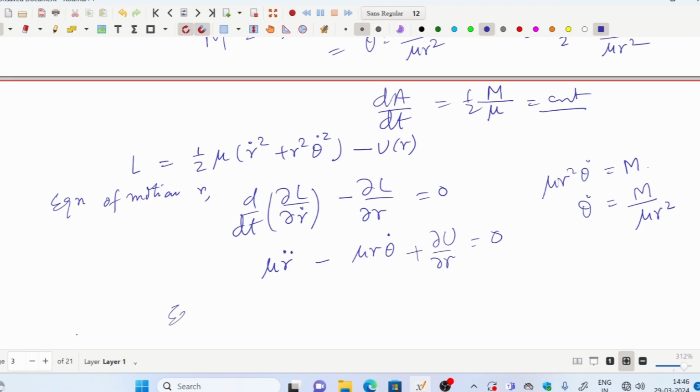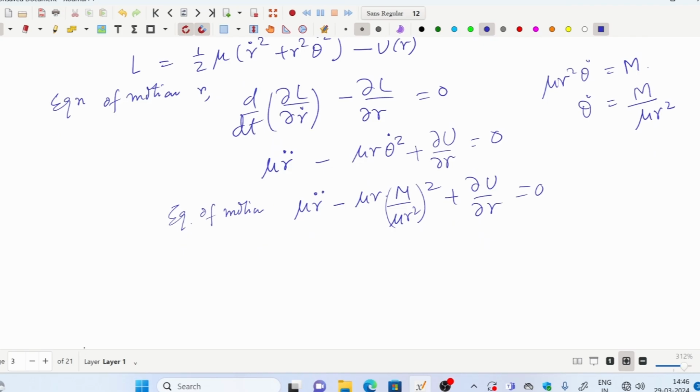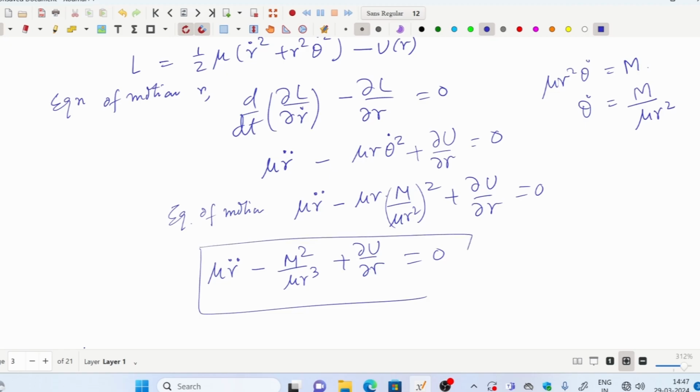So, we get the equation of motion: mu r double dot minus m square by mu r cube plus del u by del r equal to 0 is the equation of motion for the particle having the reduced mass.